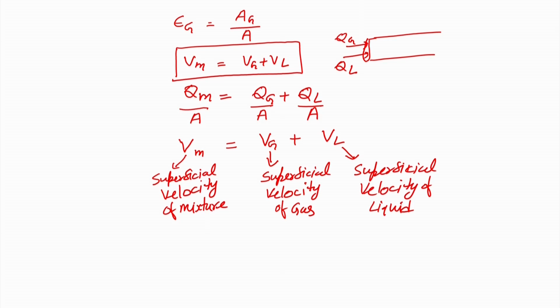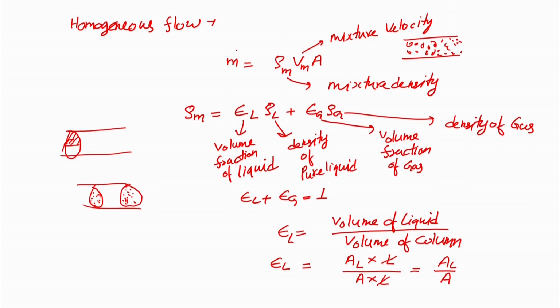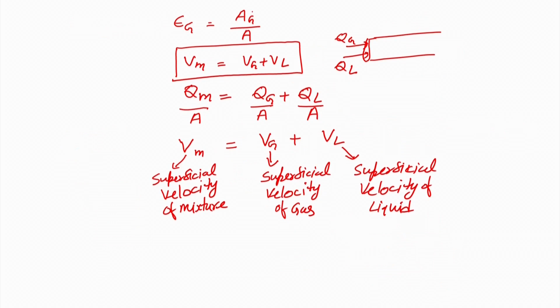Now, in that case, we can write the continuity equation and solve it. At least the continuity equation portion we can solve. The only problem is to find Al and Ag. These are the two problems: how to find the fraction of area occupied by the gas, and the fraction of the area occupied by the liquid. If we know that, we can at least solve the continuity equation.